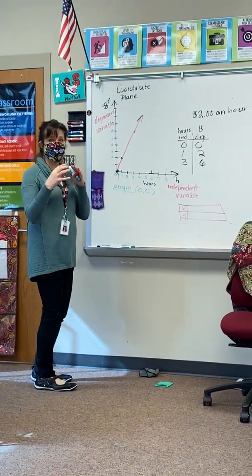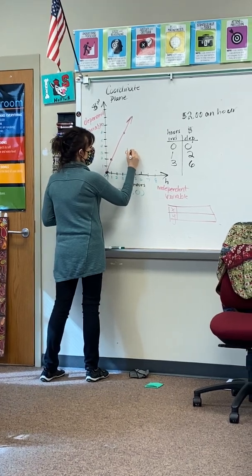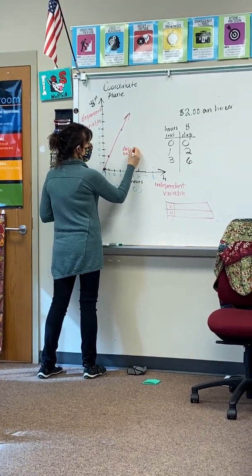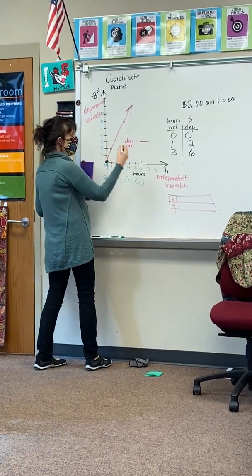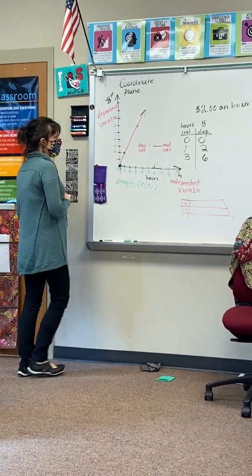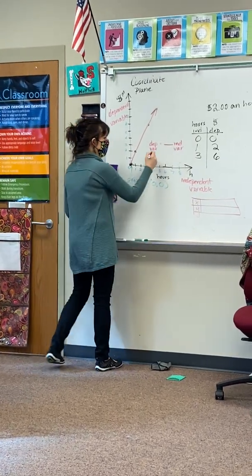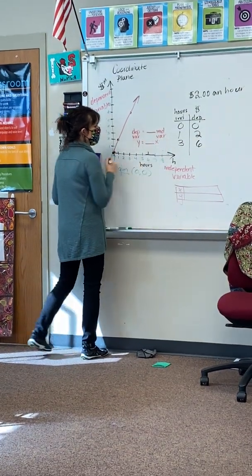So this is the general formula. Your dependent variable equals a number that you multiply by your independent variable. Typically, y equals something times x.